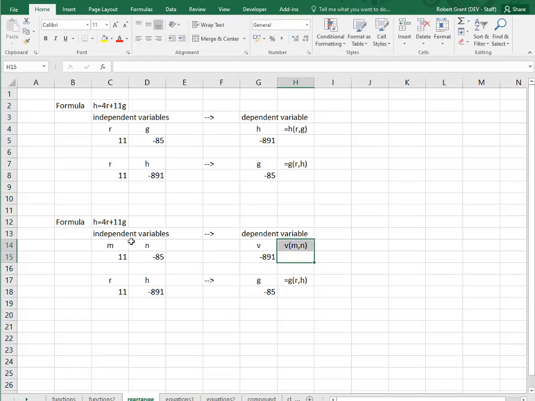And then I want to rearrange that. So if I put in m and v, it should correctly give me back the right value of n. N then will be a function of m and v. But this is not the function I want.